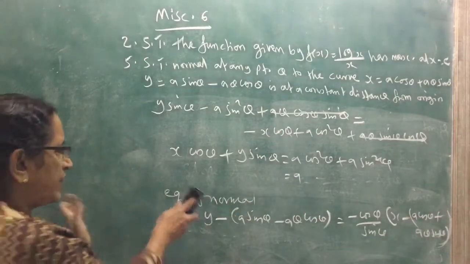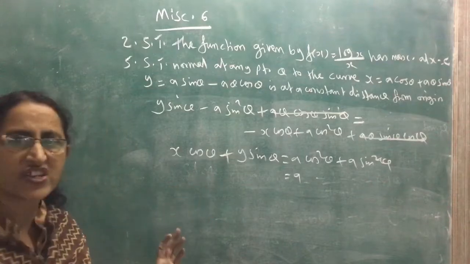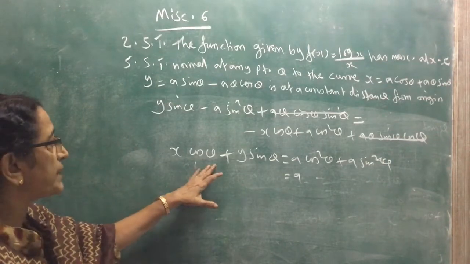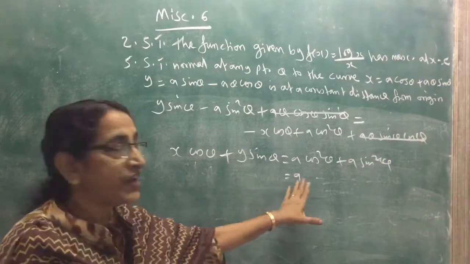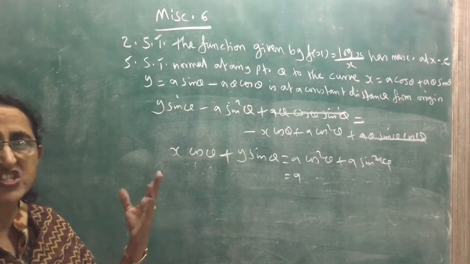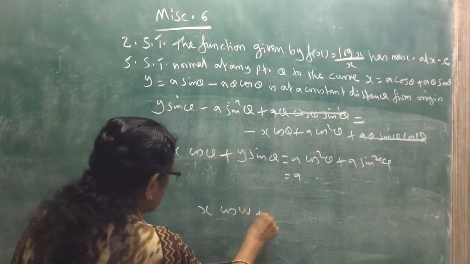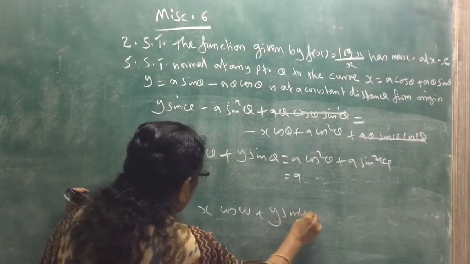Now we know this is the equation of normal, x cos theta plus y sin theta equals a. This is in the normal form. We know the equation of a line in normal form is x cos omega plus y sin omega equals p.